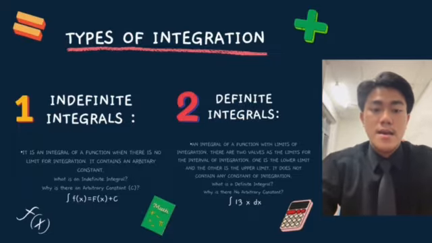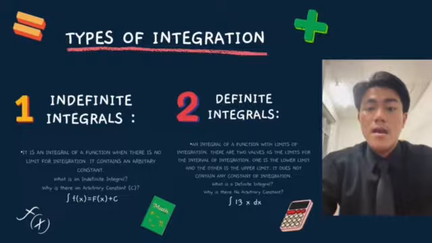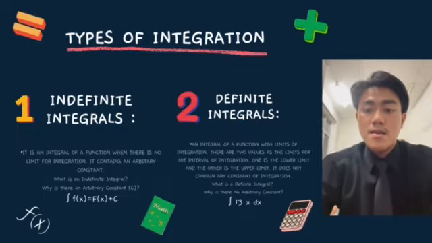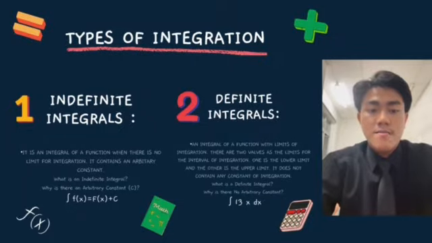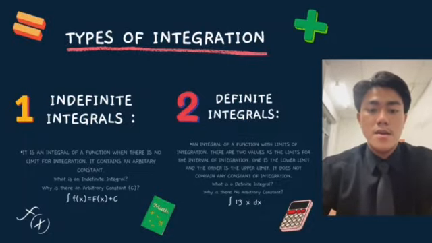Why is there an arbitrary constant C? In an indefinite integral, we add an arbitrary constant, usually represented by the letter C. This is because when we integrate a function, we are actually finding a family of functions that might differ only by a constant number.